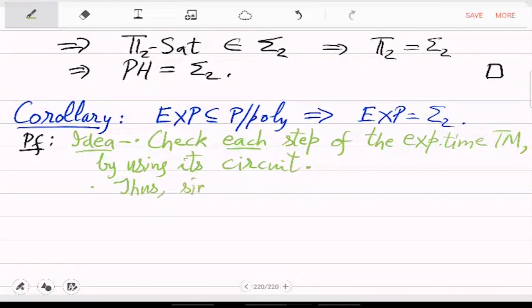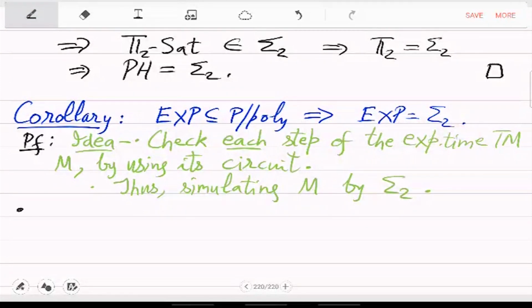Thus simulating the exponential time Turing machine, let us call it M, thus simulating M by sigma 2. Okay, let's see the implementation of this.